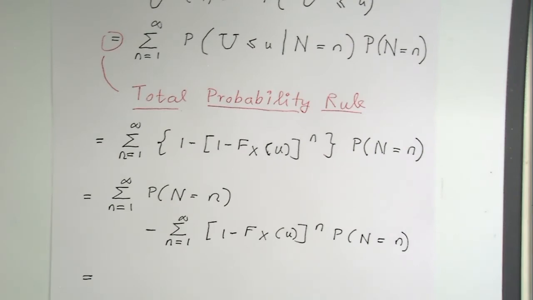What's this equal to? It's equal to 1, right? Because it's a sum of all probabilities, so it must be 1.